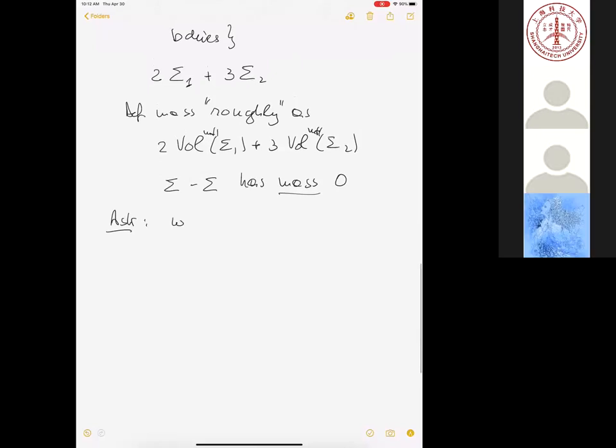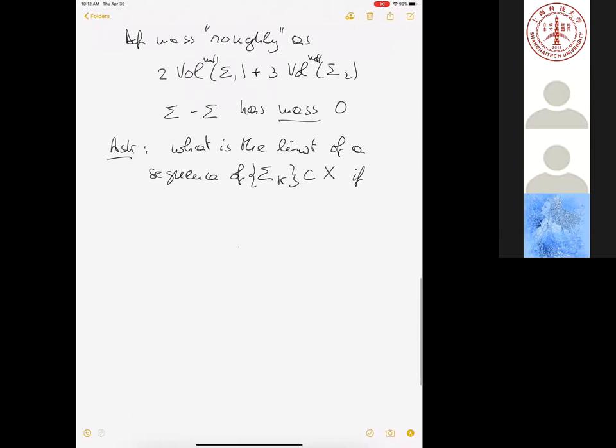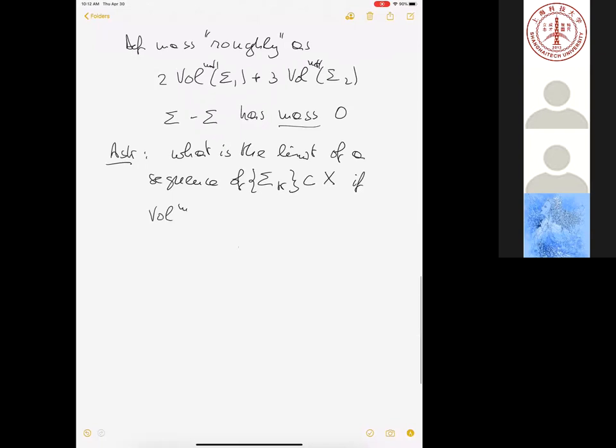So what is the limit of a sequence of, say, objects sigma k, which are inside X, if I assume that the mass of sigma k plus the mass of its boundary is actually uniformly bounded independent of k.